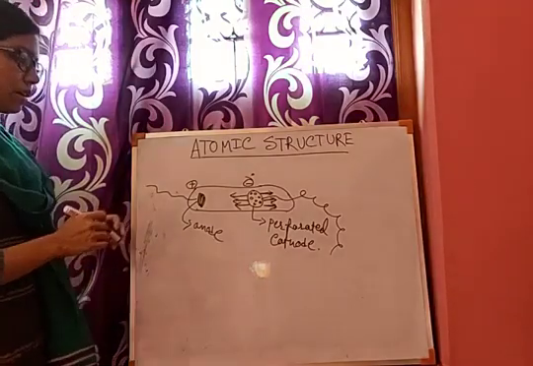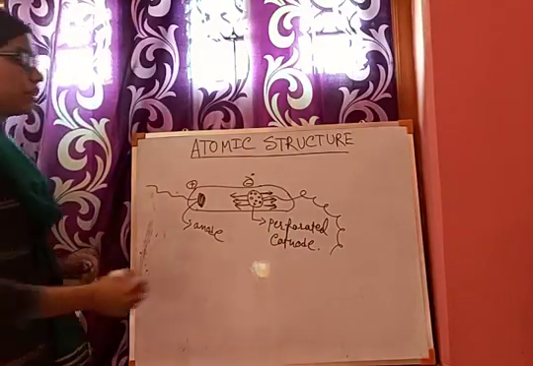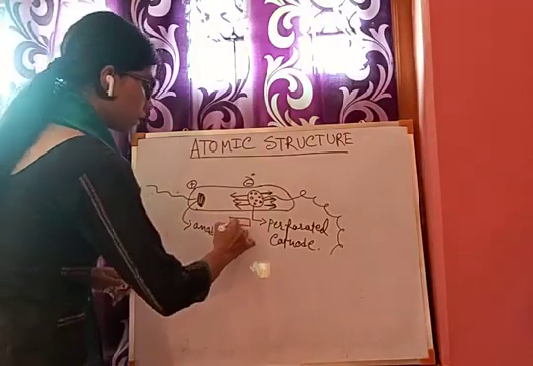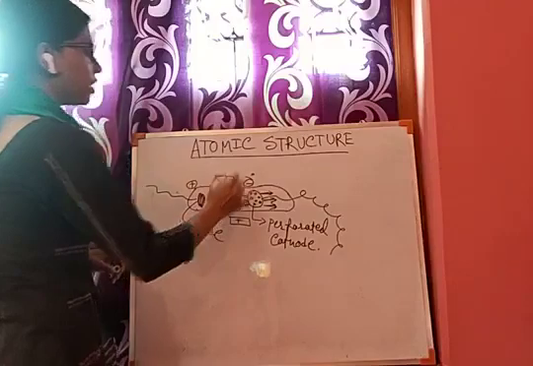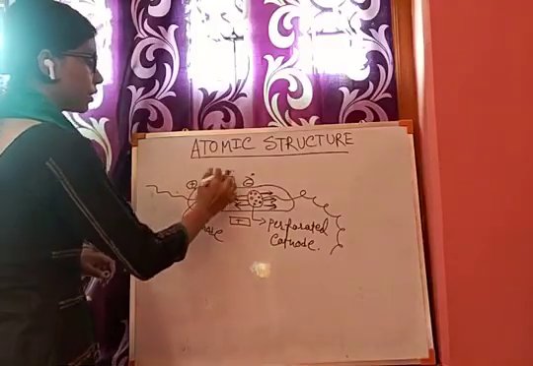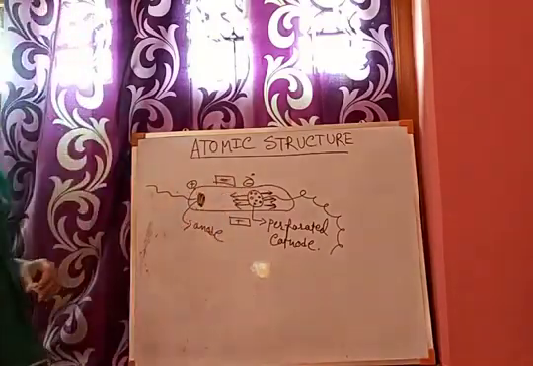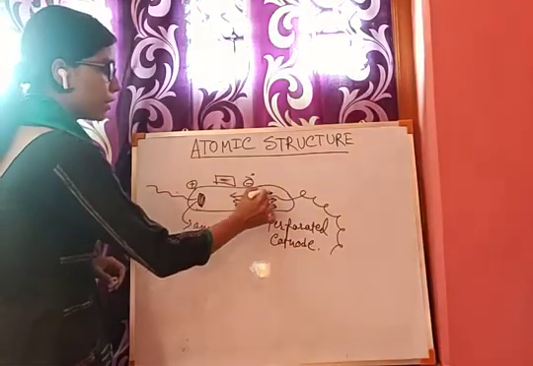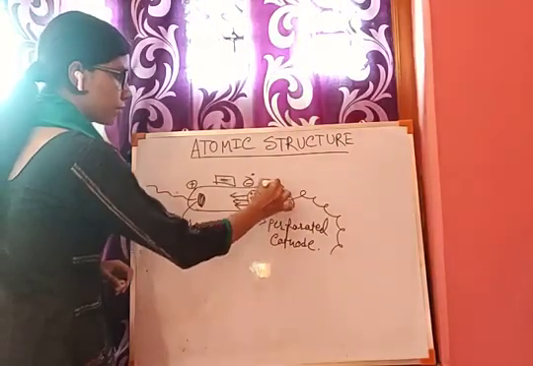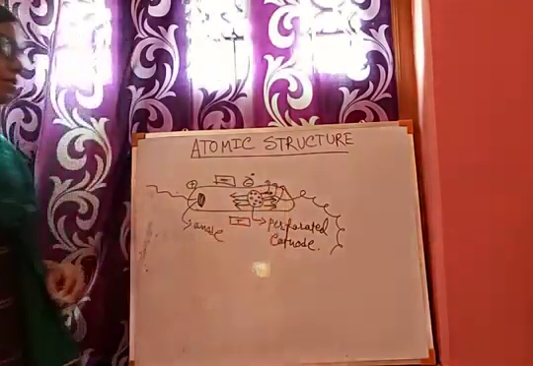So again, in this experiment, some electrical field is applied, just like the previous one, a positive electrical field and a negative electrical field, and it is seen that these rays are deflecting towards the negative electrical field.